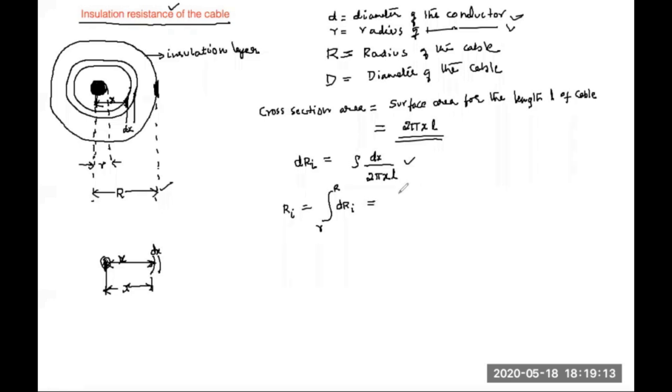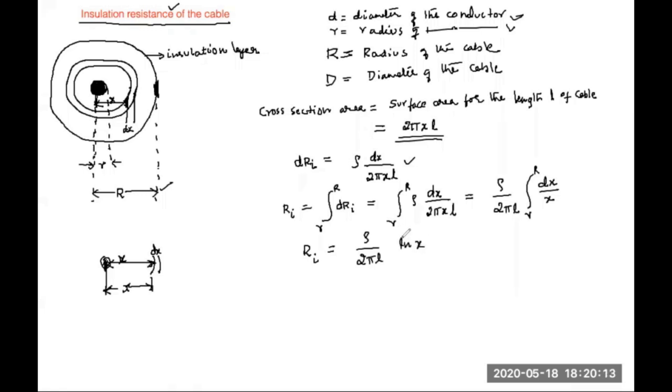So substitute now. Ri becomes the integral from small r to capital R of rho into dx divided by 2 pi x into L. Then if I integrate this, you know that rho, 2 pi and L are constants. Take them outside: rho by 2 pi L. Integrate only dx by x, from small r to capital R. That gives ln x.